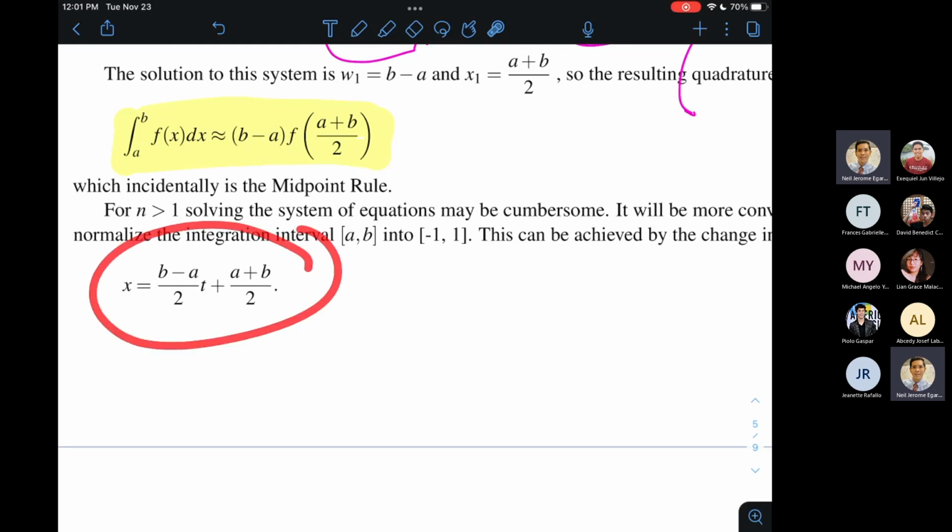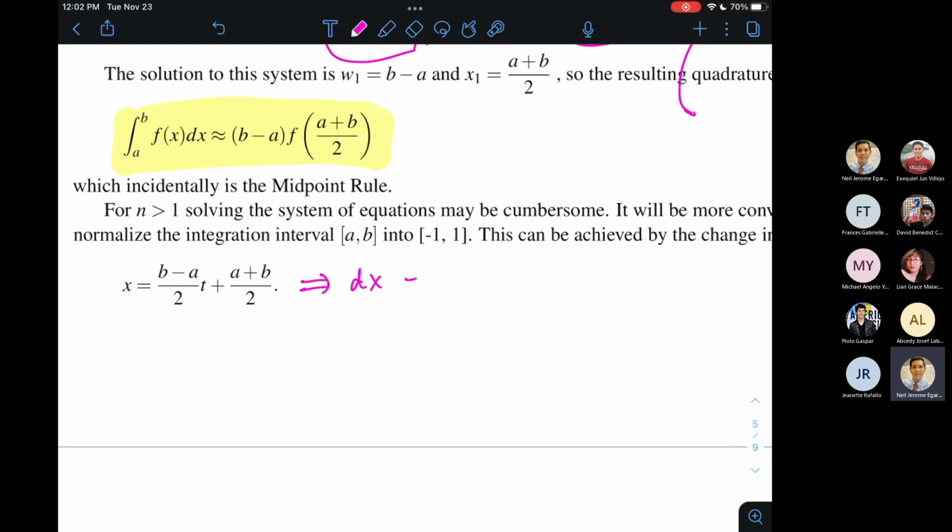So we just let x be equal to (b minus a)/2 times t plus (a plus b)/2. So this will give us dx equal to what? This will just be equal to (b minus a)/2 dt.